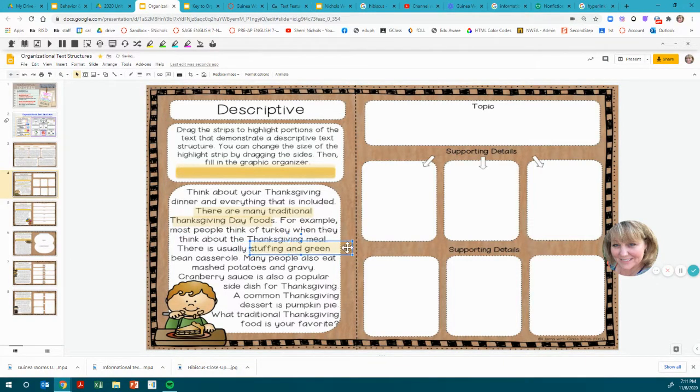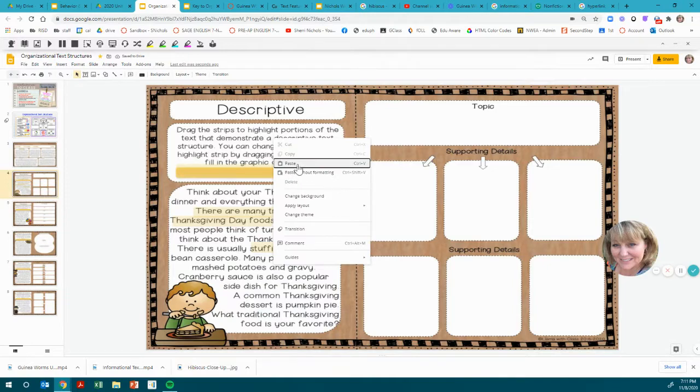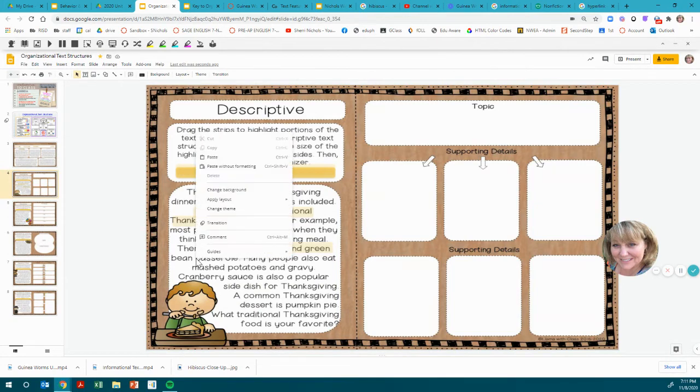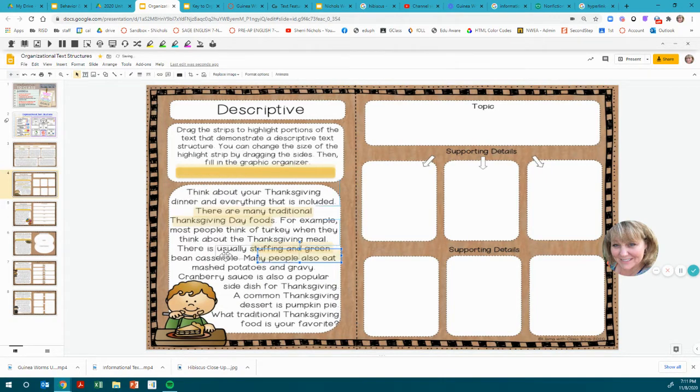We have green bean casserole. I just like to copy and paste these once I get them smaller. And it's easier to manipulate. Green bean casserole, you can just drag and drop and change. And then mashed potatoes and gravy and so on and so on.